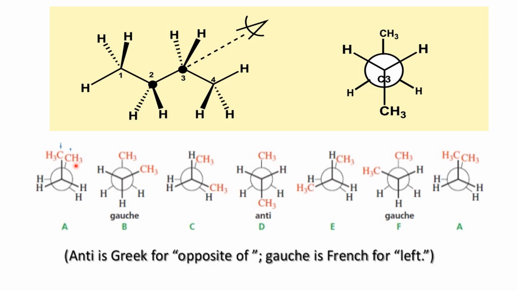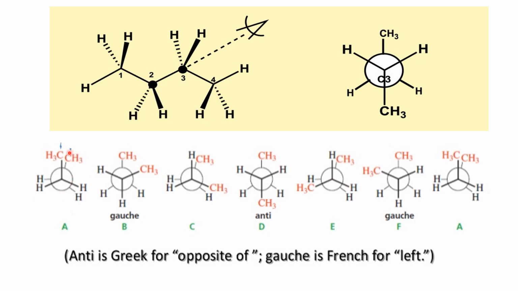Now, keeping this CH3 group, that is the second methyl group, constant, I am going to rotate the first methyl group or first carbon atom. That means I am rotating the carbon-carbon bond between C2 and C3.